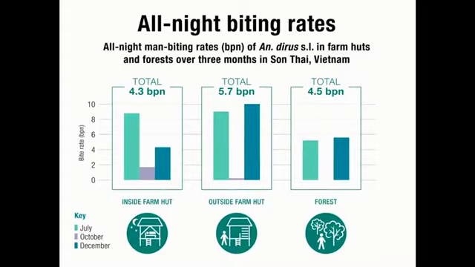While all 3 of these sites, inside the farm hut, outside the farm hut, and in the forest, had relatively similar biting rates, this may be because these farm huts are fairly open air, and therefore you have similar ability of the mosquitoes to come and go as if you were sleeping in a hammock in the forest.